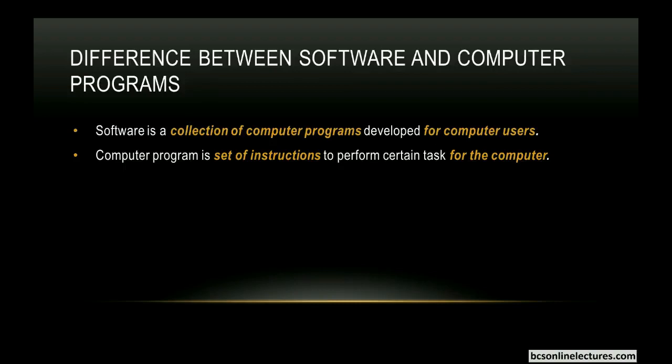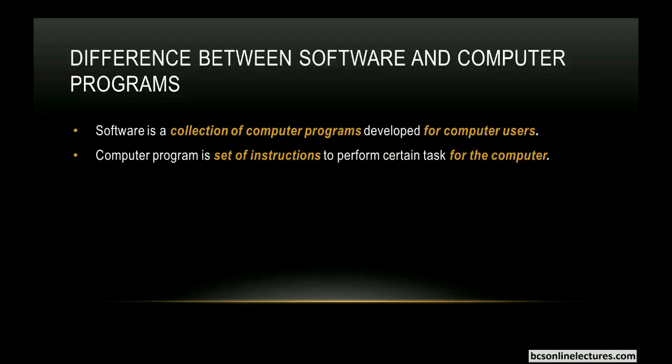The intended user is computer users or end users, right? A computer program is a set of instructions to perform certain tasks for the computers. So the user of a computer program is the computer itself, and it's also a set of instructions. So that is the difference between software and a computer program.